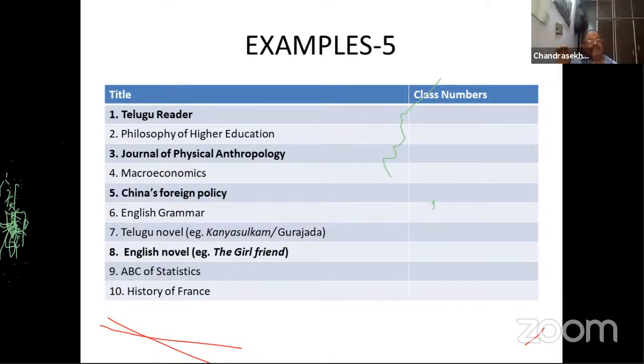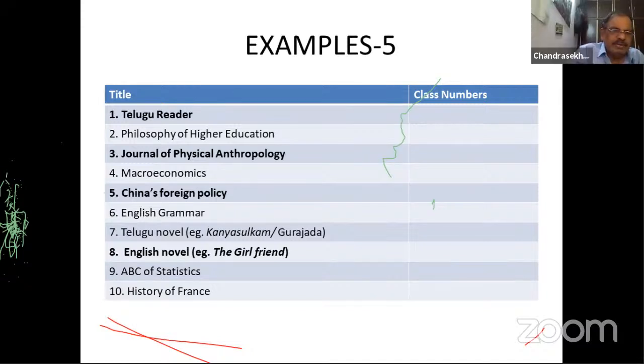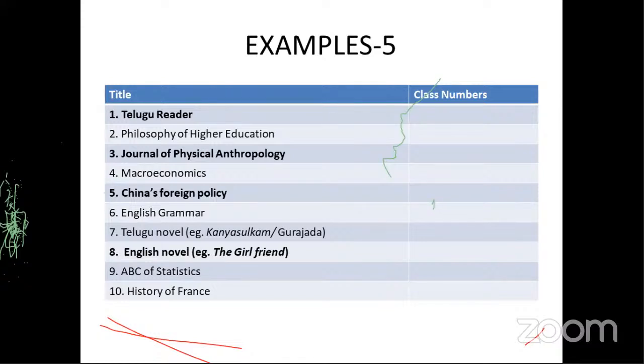So 327. Then there is an instruction to add the country's number. China's number is 51 from table 2. Table 2 is geographical regions.